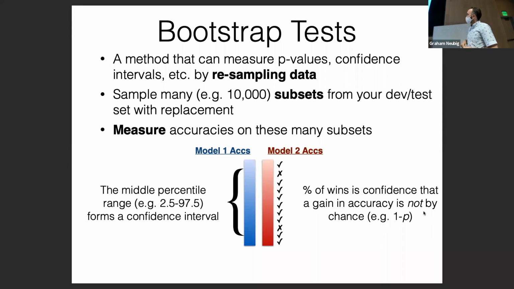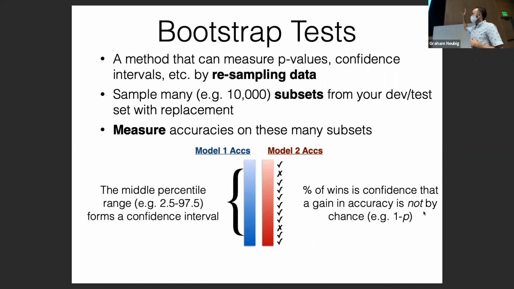Another thing you can do is, let's say you have two models, you resample the data set 10,000 times and you see how often model 2 beats model 1 and vice versa. If model 2 beats model 1 80% of the time, like I have on here, then you would have about 80% confidence that if you had a new data set, model 2 would win.